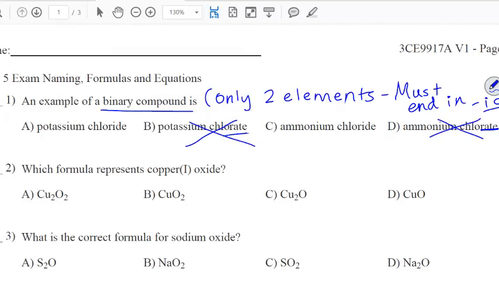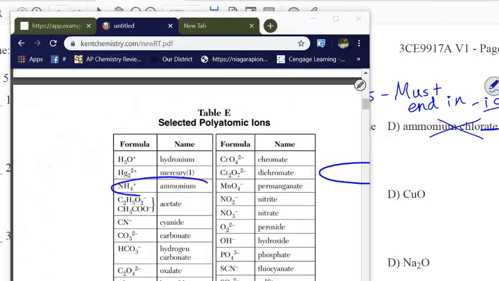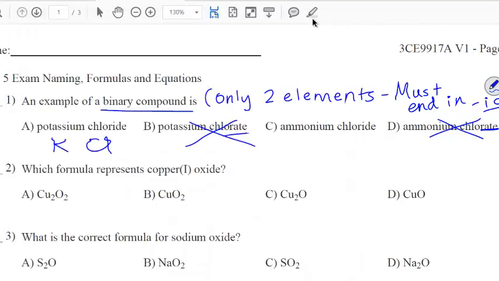Okay? Now, the other thing that we need to know is that potassium here is an element. It's just K, whereas ammonium is polyatomic right here on table E. Okay? So this guy, ammonium, is a whole polyatomic, which gives us 3 capital letters there. So the right answer has to be A, potassium chloride. It has only 2 capital letters.